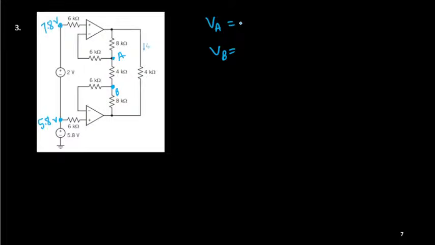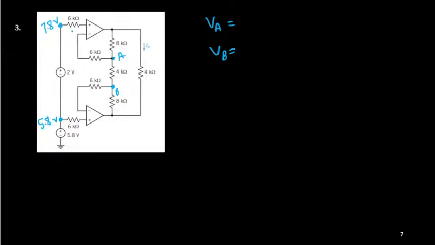Anyone can tell me what is the potential VA and what is the potential VB? Any idea? Okay, let me explain these things.